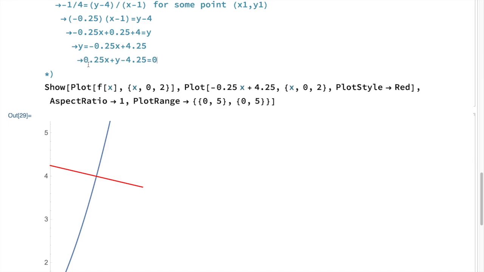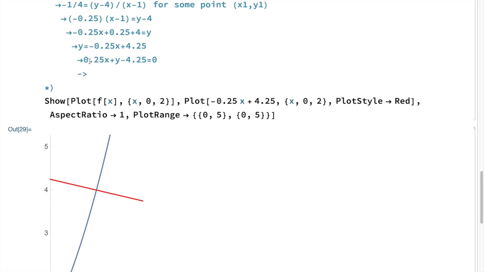And I'm pretty sure they want everything in terms of whole numbers. That's usually what they want for the general format. So if I multiply everything by 4, this will go away, and this should go away too. So I'm going to have x plus 4y, and this times 4 should be 17.